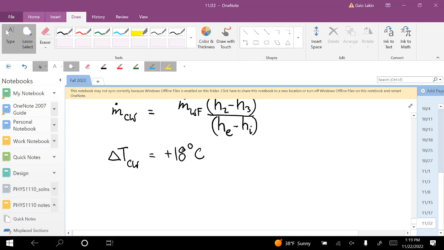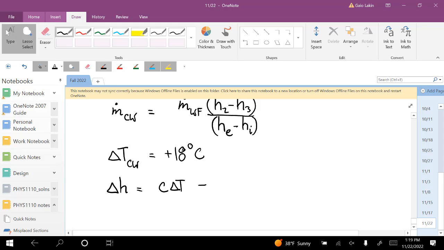This is a liquid the whole time, so we can calculate the change in enthalpy as the specific heat of the water, C times the change in temperature, plus the change in PV.